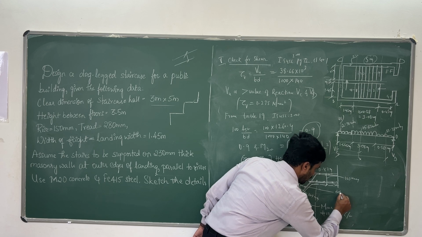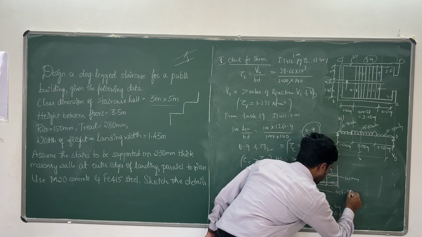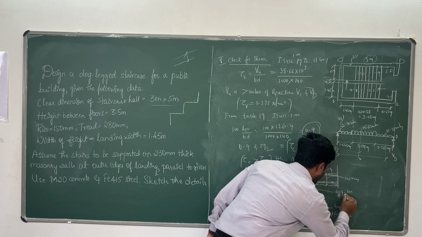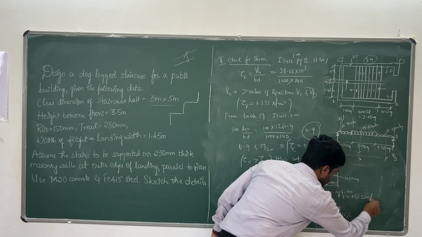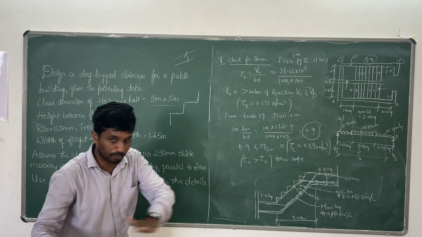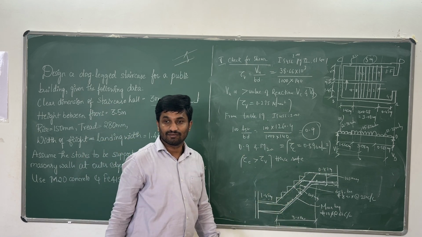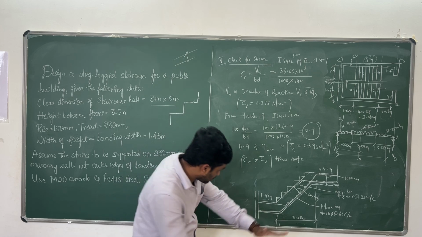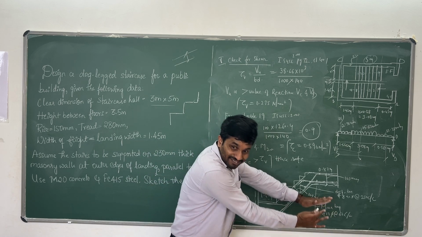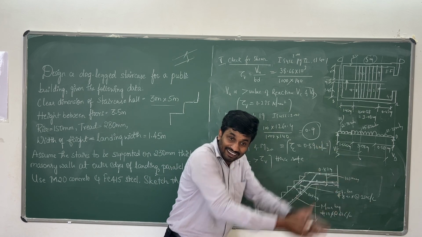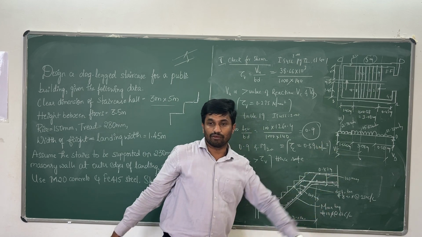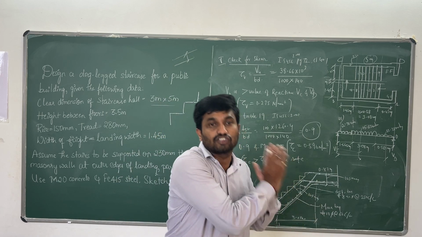This is a distribution bar of dia 8 mm at 250 center to center throughout the slope in horizontal direction. Clear? This main bar of 10 mm is also throughout the distance in the vertical direction. The center spacing is 60 mm.